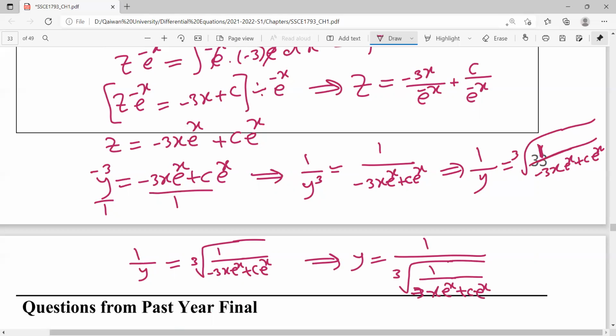This is the result, and this is the solution for the Bernoulli differential equation.